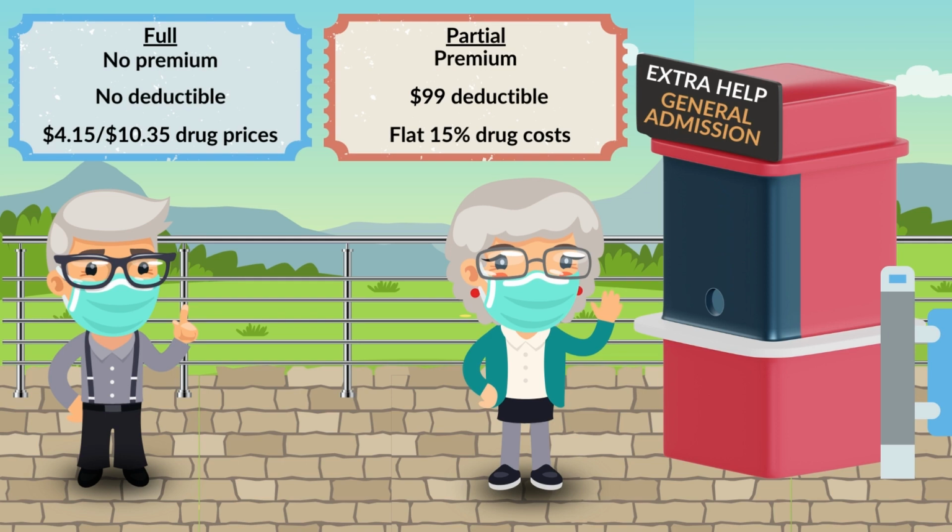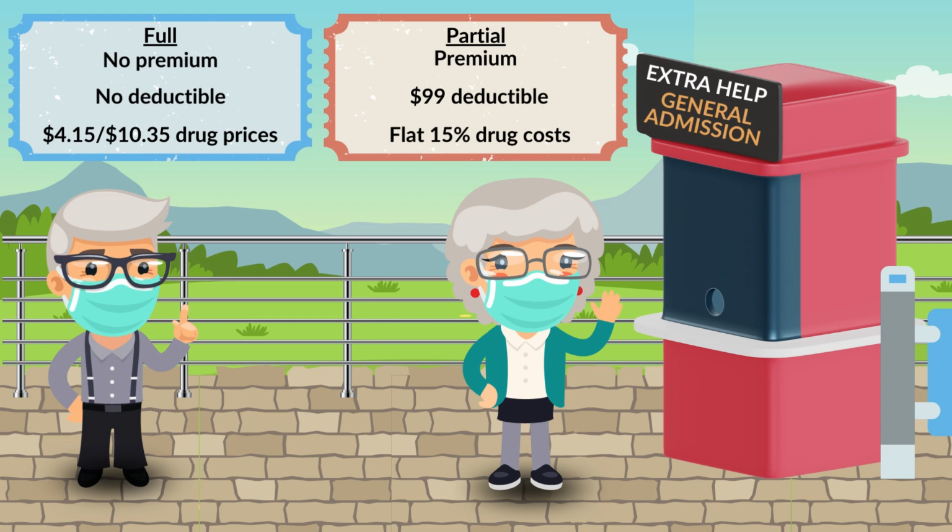Full help limits the drugs to $4.15 for generic and $10.35 for brand name, while partial help leaves beneficiaries responsible for a flat 15% of the drug's cost. Both full and partial help come with a $7,400 out-of-pocket max. Once that is reached, beneficiaries will not have to pay anything for their covered medications.